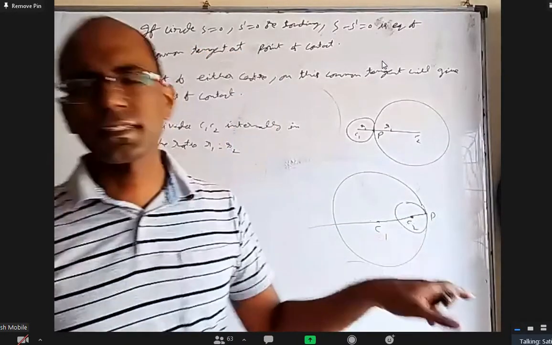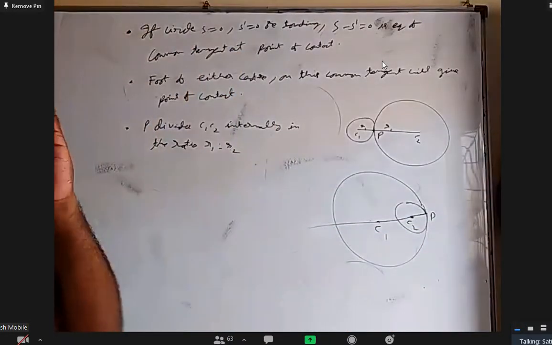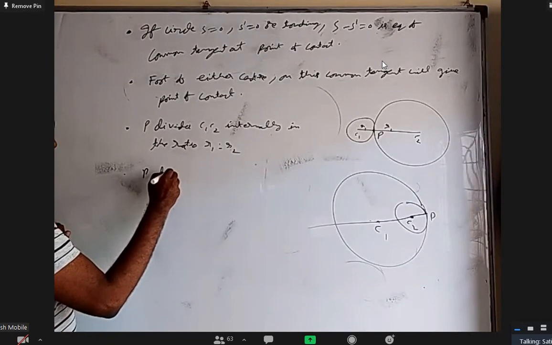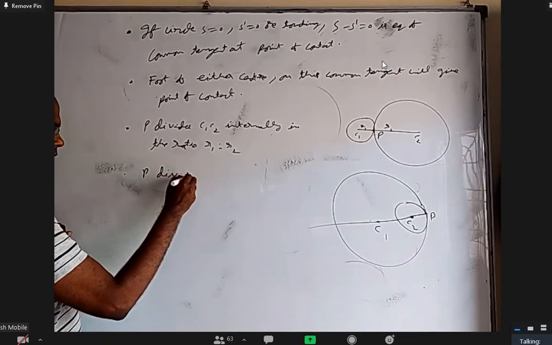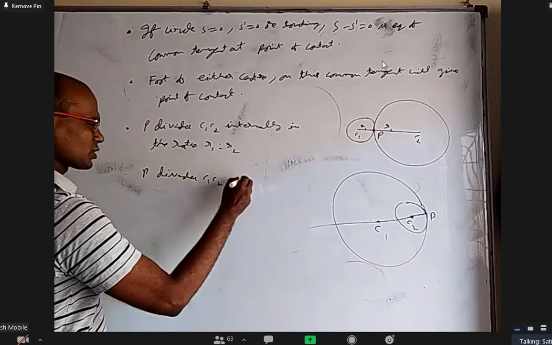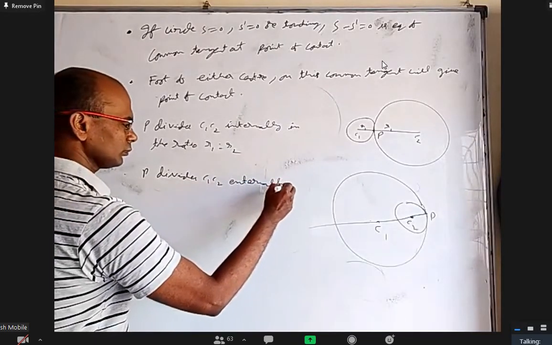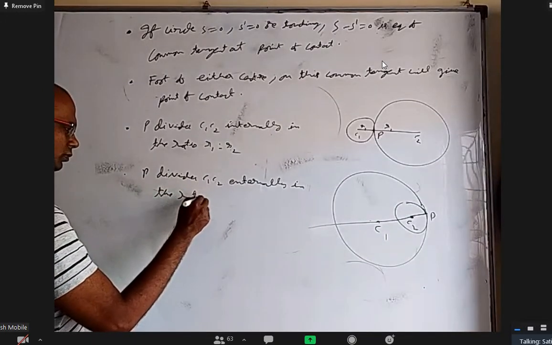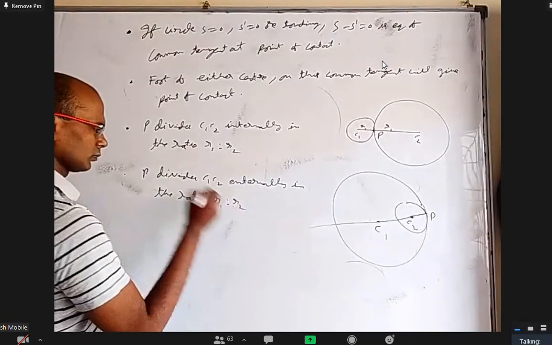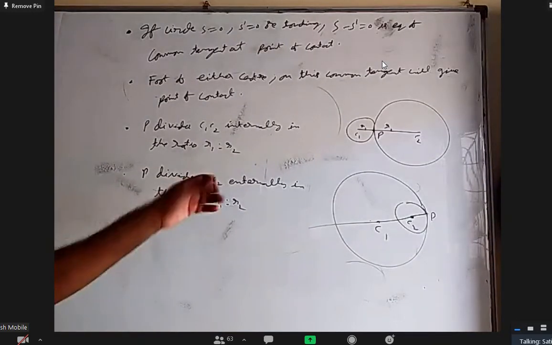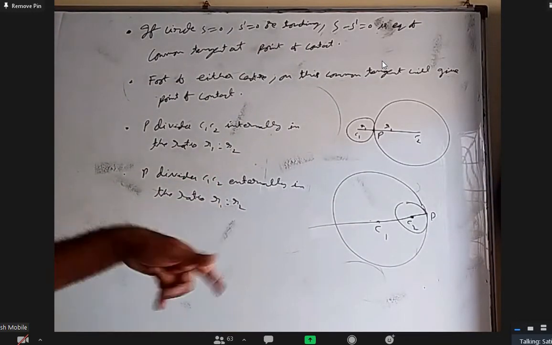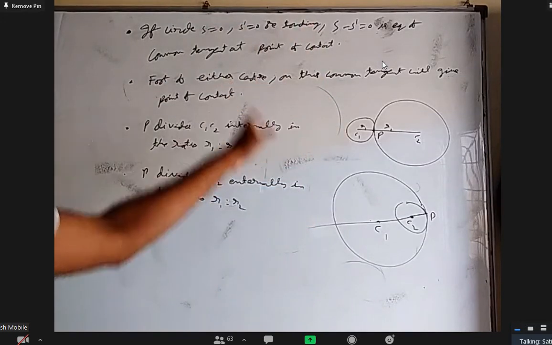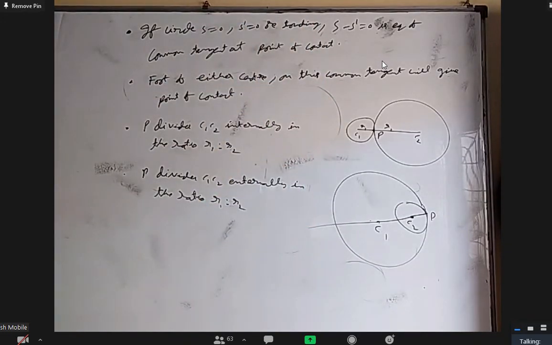Of course, the line joining the centers and P are always collinear. For external contact, P divides C1C2 internally in the ratio R1 is to R2, and for internal contact, externally. So by using the section formula, you can find the point of contact, or by finding S minus S dash equal to 0, you'll get a line; find the foot of either center on that, and you can also find the point of contact.